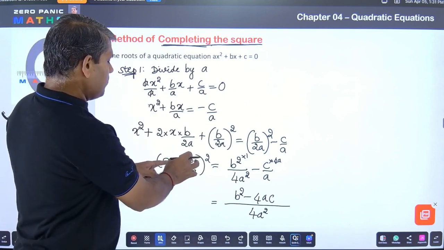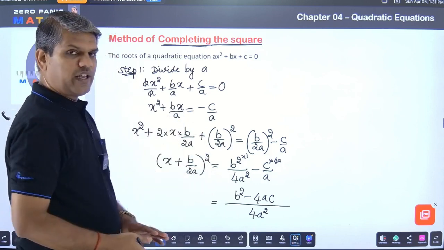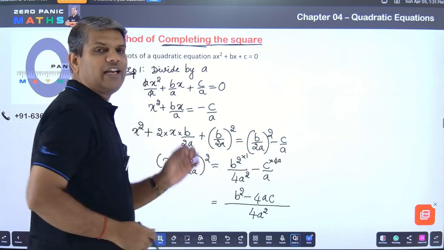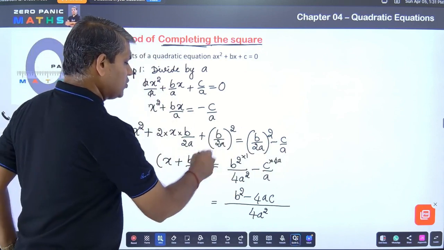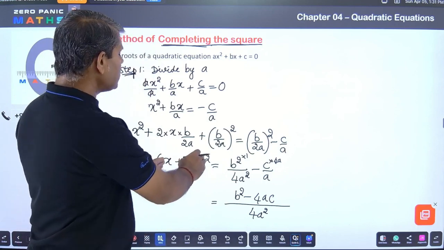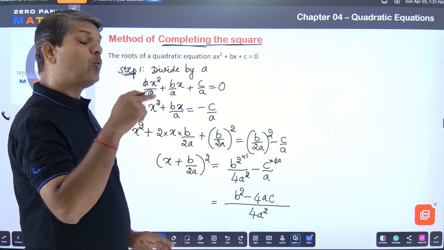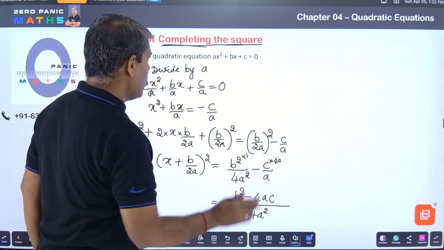And what is this equal to? x plus b by 2a whole square. Now I'm taking this square to the right side. If I am transferring the square to the right side, it will give me plus or minus square root of this whole term.